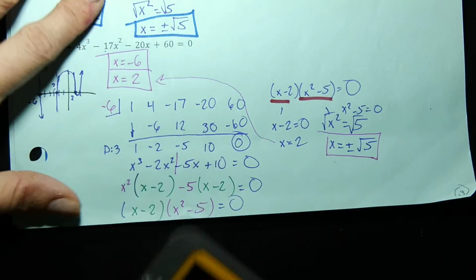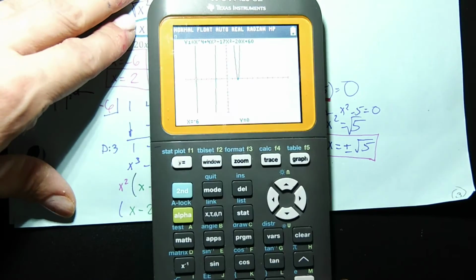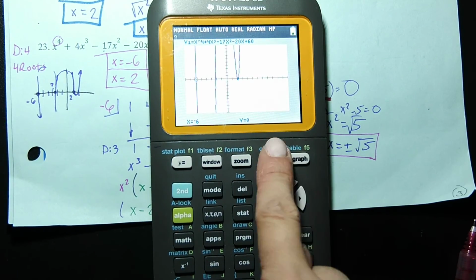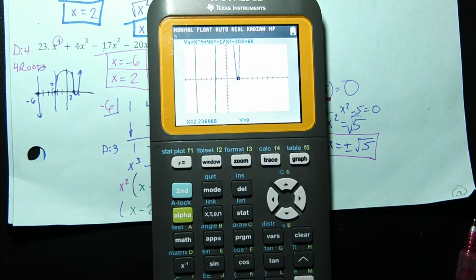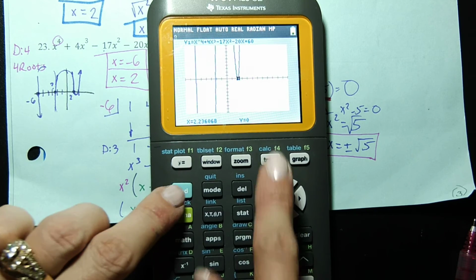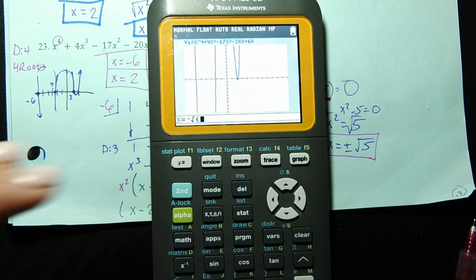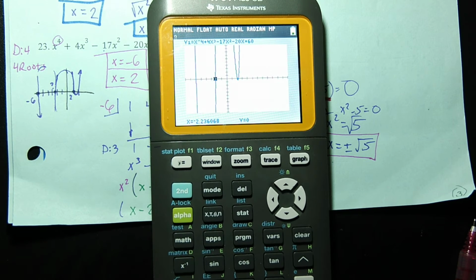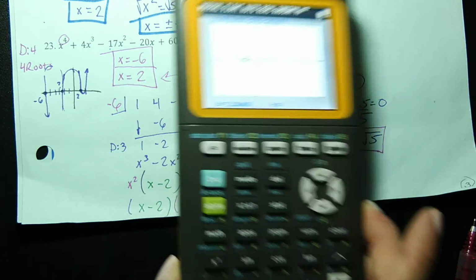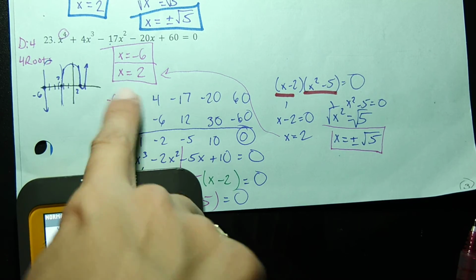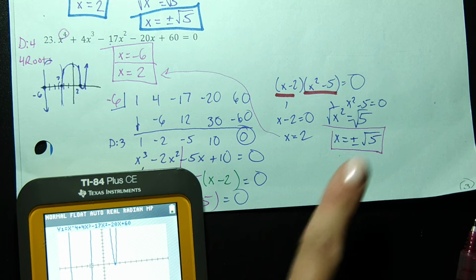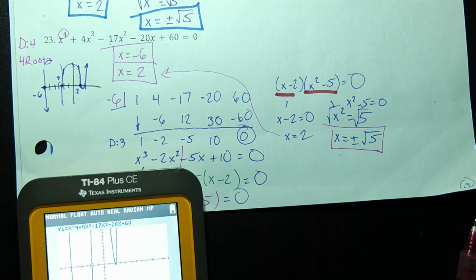And my other 2 are positive radical 5 and negative radical 5. Again, if you are unsure, trace square root of 5. Boom, there's a 0. Trace negative square root of 5. There's the other one. Where's the other 2? The 2 is on the graph. That's only 3. No. 1, 2, 3, 4.